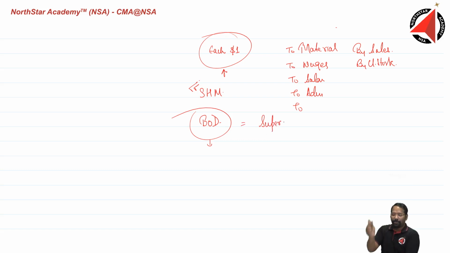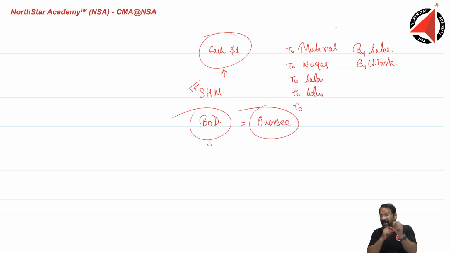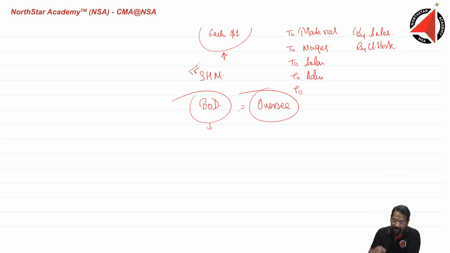Board of directors supervise, or what you can call it, oversee the company's activity to see if they are happening in the best interest of the shareholders. So board of directors is a bridge between the shareholders and the company's executives. Who are executives? Those who execute the vision of the board of directors, who execute the objective of the company.